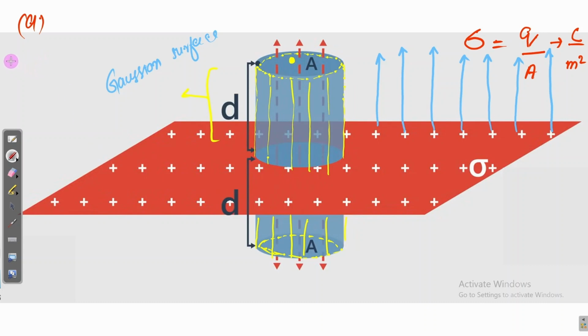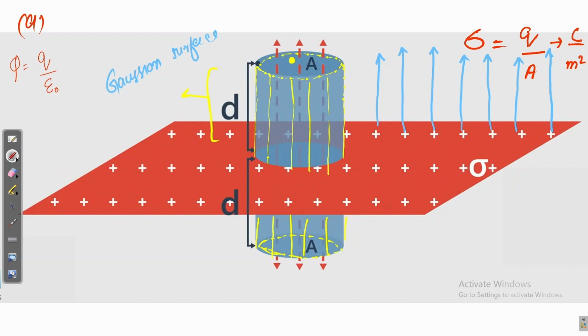According to the Gauss law, the flux is given by the charge enclosed divided by the permittivity of free space. In this case, there are a large number of positive charges arranged on this sheet.